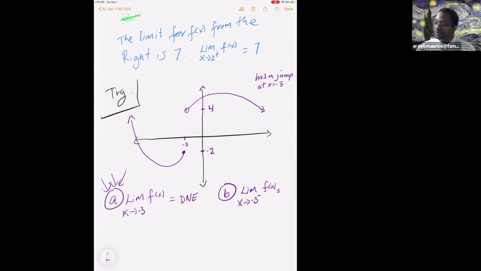So she went to the point -3 right here, and she said that this is the left side of the graph. From the left side, if I approach -3, the point I'm getting close to is this point right here, which has a y value of -2. And so therefore this is going to be -2.